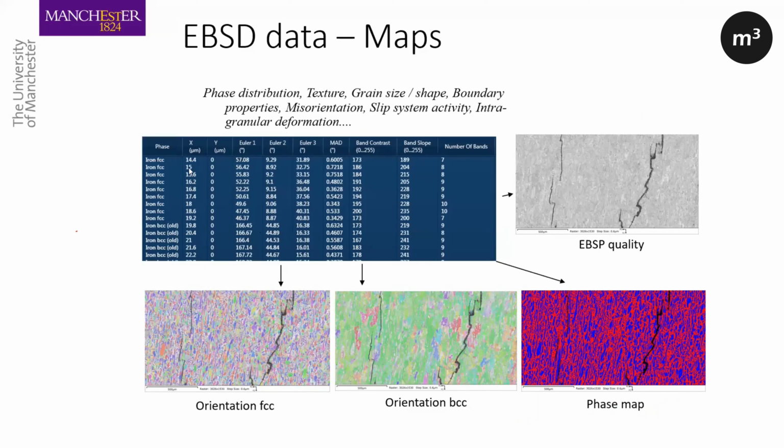As well as that, you can export all the data that's gathered in Euler angles. You can display them as per phase. For example, this is a stainless steel, a dual phase steel I think, where we've got the austenite and ferrite, and then you can see the band contrast value and the phase map.